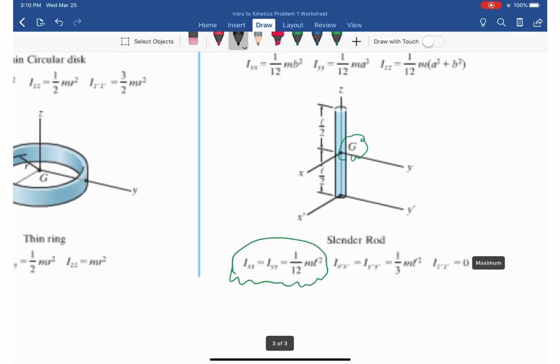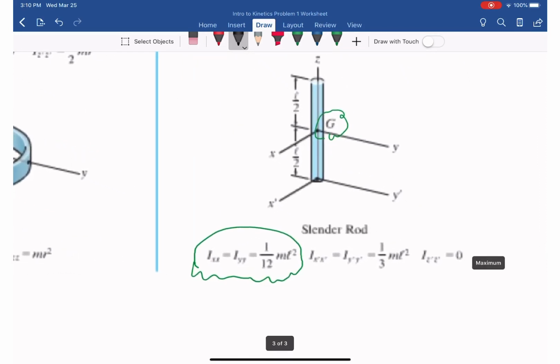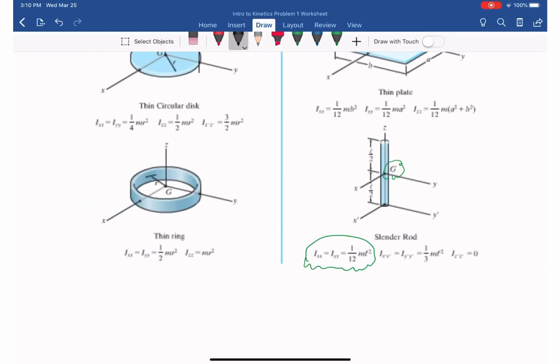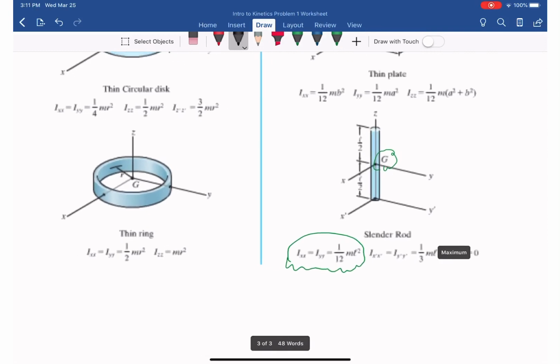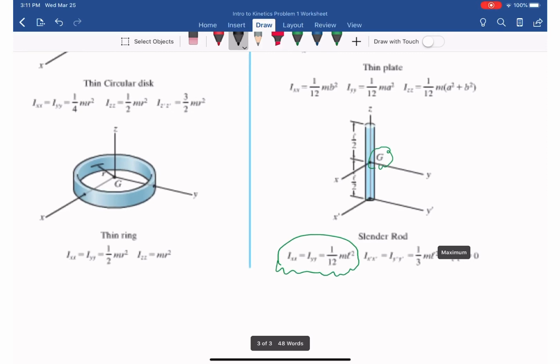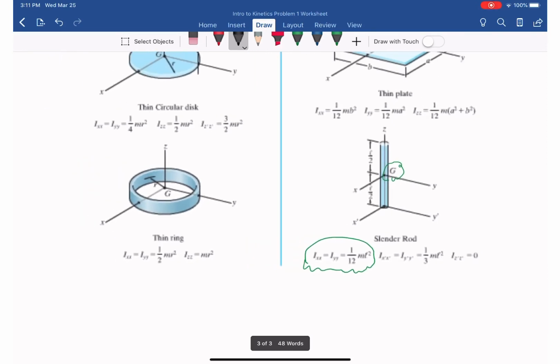If they go through x' or y', which is the very end of the rod, then it will be 1/3 of ml squared. So it depends on where you locate the axis about which you calculate the mass moment of inertia. The equations are not the same.